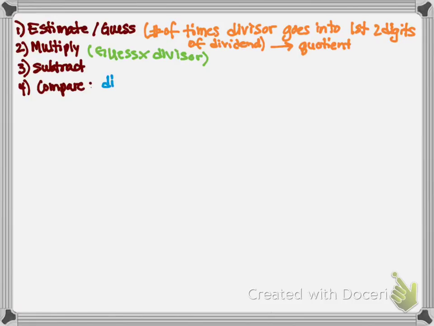The difference must be smaller than the divisor. If the difference is larger than the divisor, then your guess was too small and you have to guess one higher.